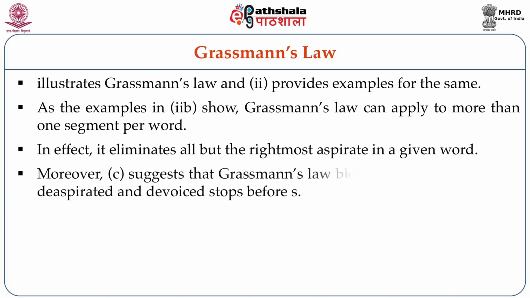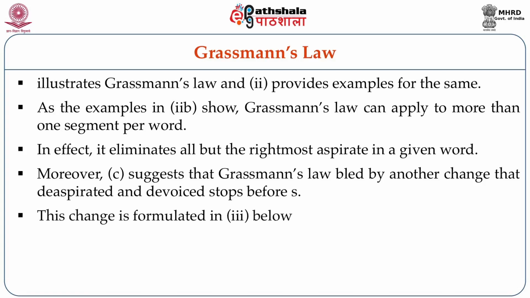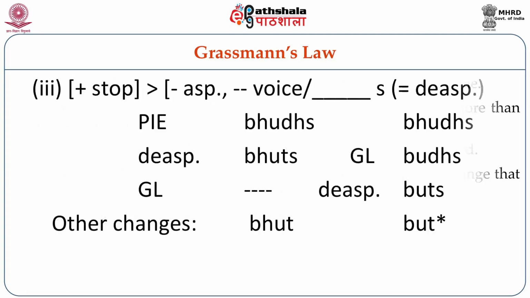Moreover, she suggests that Grassmann's law led by another change, the de-aspirated and de-voice stops before sa. This change is formulated in 3 below. Plus stop becomes minus aspirate, minus voice before minus de-aspiration.